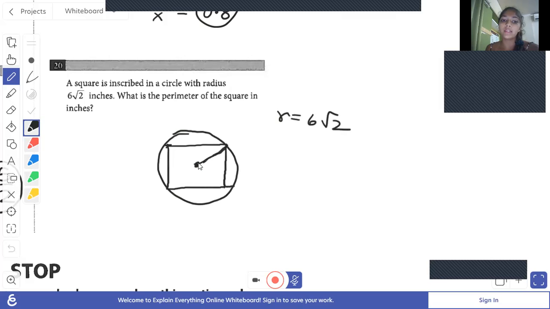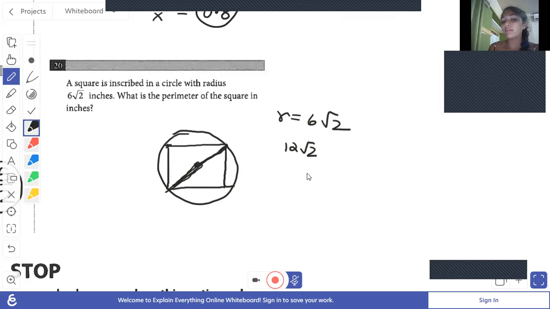If I join this, then I know this equals 6√2. And if I join one more this way, we know that the entire length, or the diameter, is 6√2 times 2, which is 12√2. So basically the diagonal of this square is 12√2.